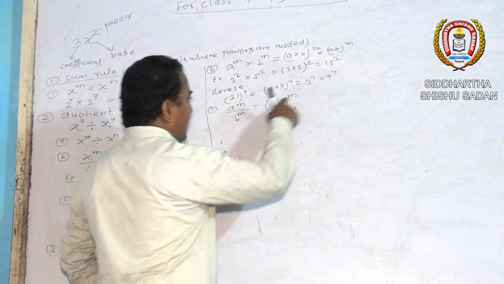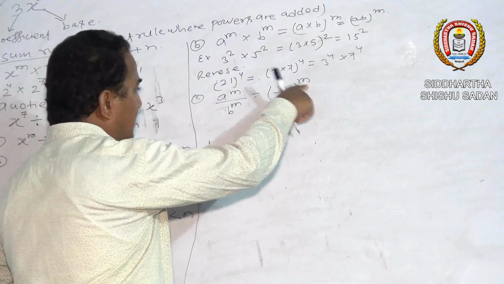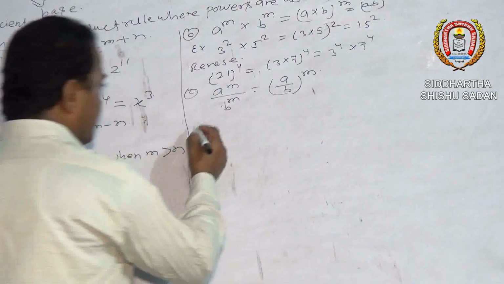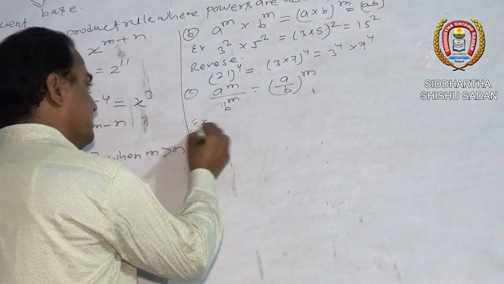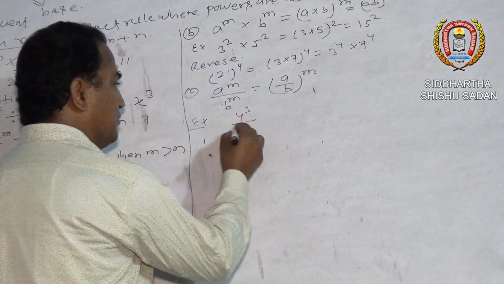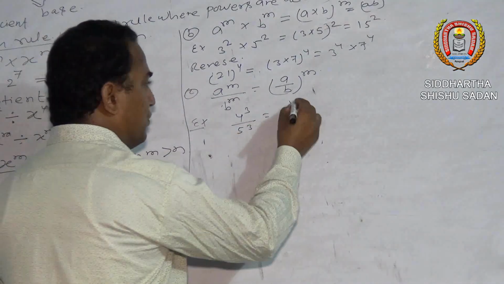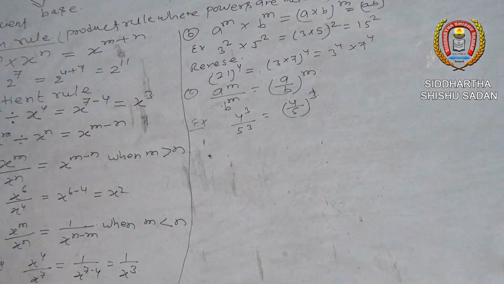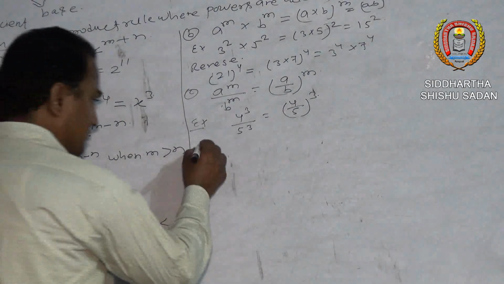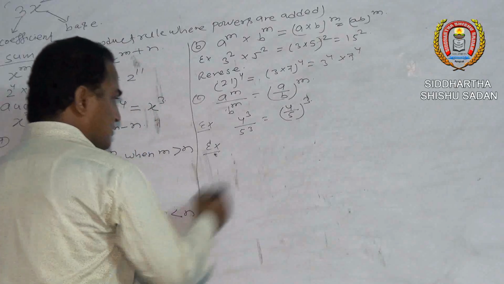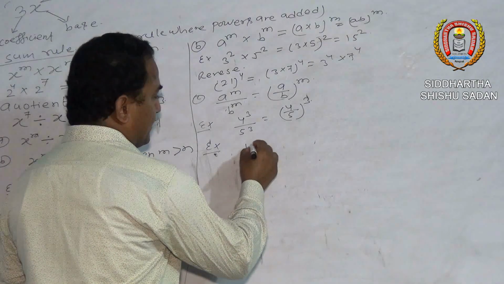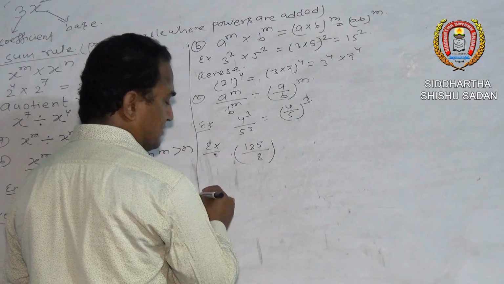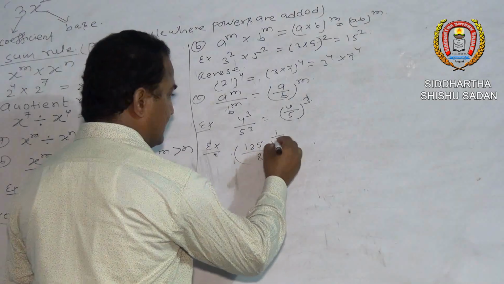That's why put the power in common form and put the bases in division form. In that case, look here, example 4 to the power 3 by 5 to the power 3, it means 4 by 5 whole to the power 3. For example, 125 by 8 whole to the power 1 by 3 is equal to what?